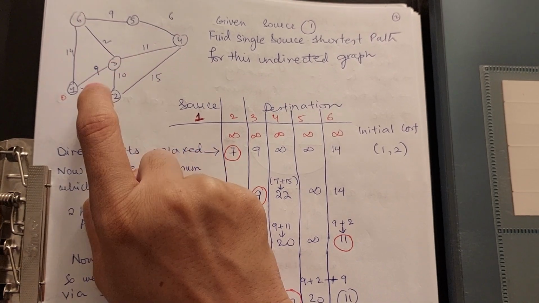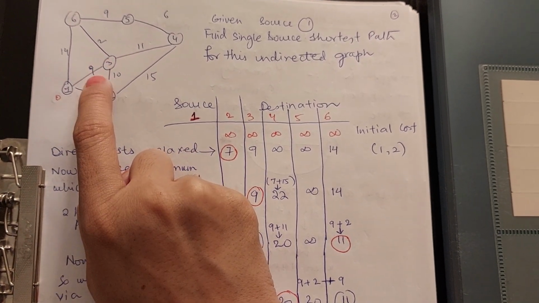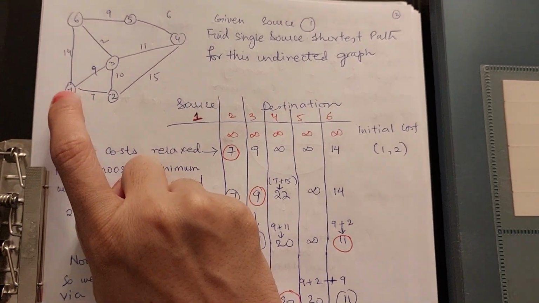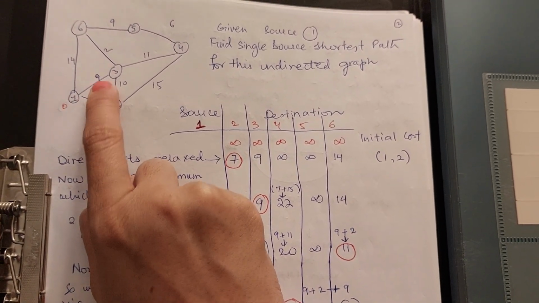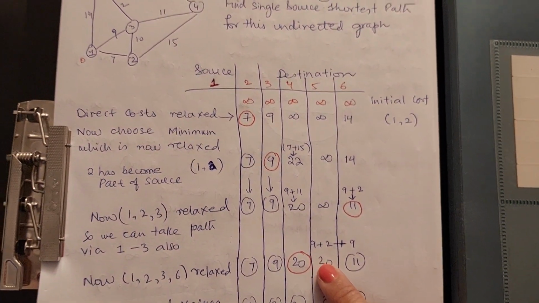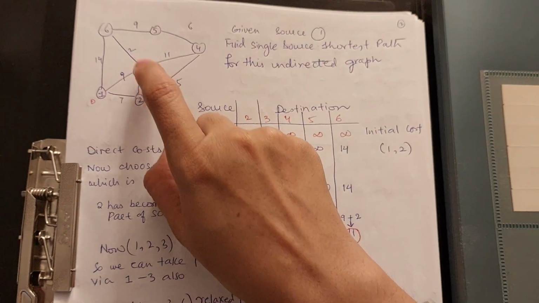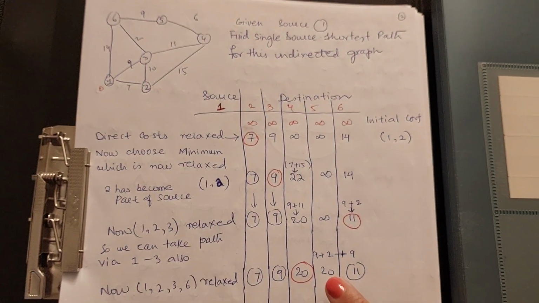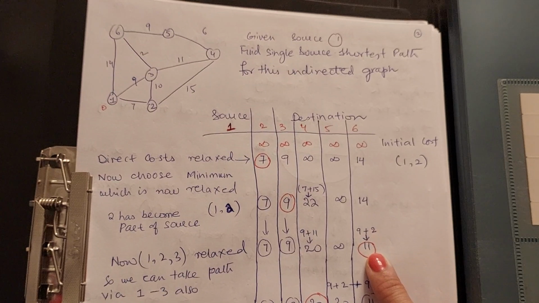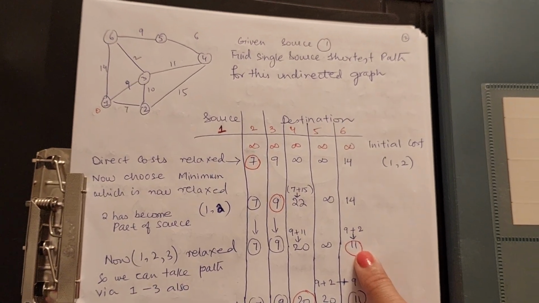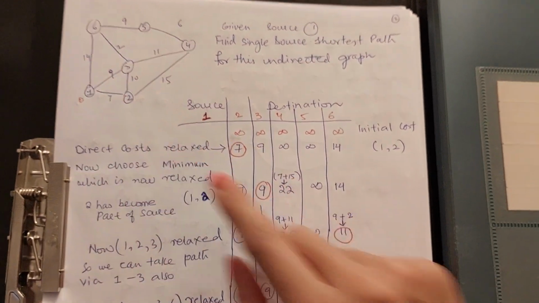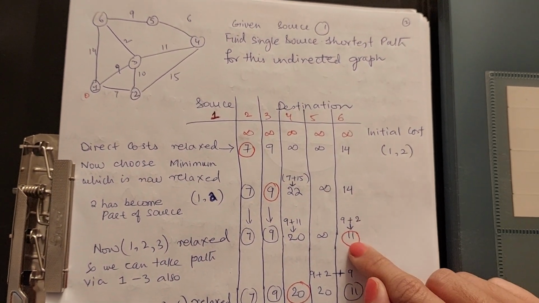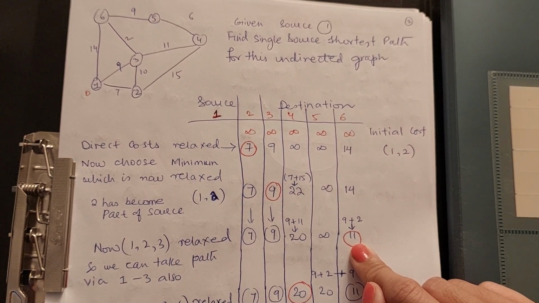Always in Dijkstra algorithm you have to add this cost as well, because your initial source was 1, so never forget it. So 9 plus 2, yeah, it's 11. So of course 11 is small. In the place of 14 we take 11. So previously the cost, which was 14, has now been minimized to 11, right?